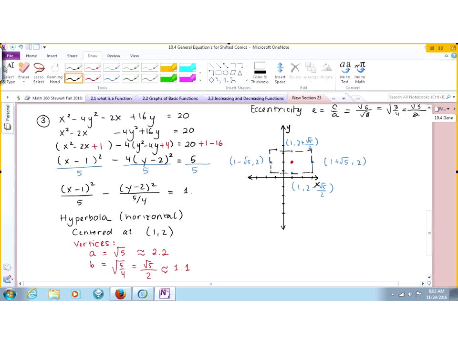All right, then draw the asymptotes. All right. Now, how do I draw my hyperbola? I drew my rectangle and my asymptotes, but how do I actually draw my hyperbola?